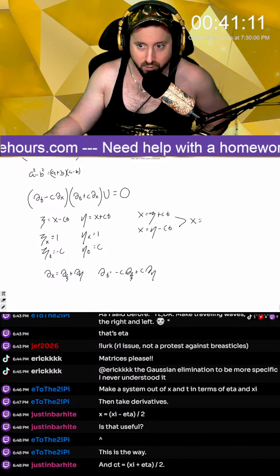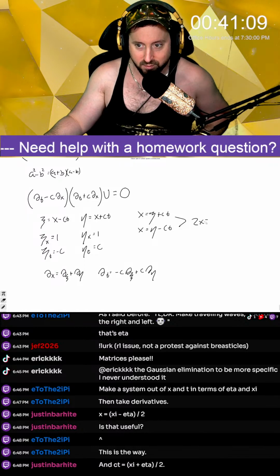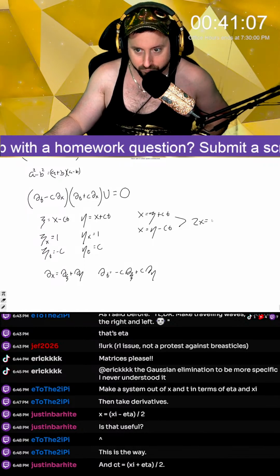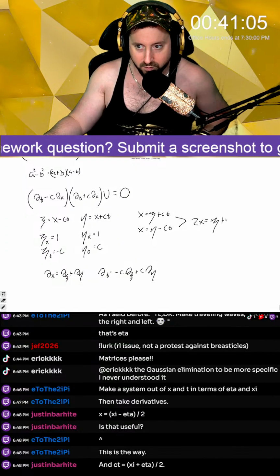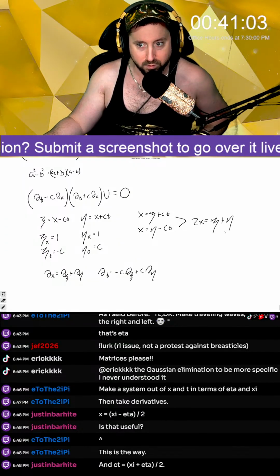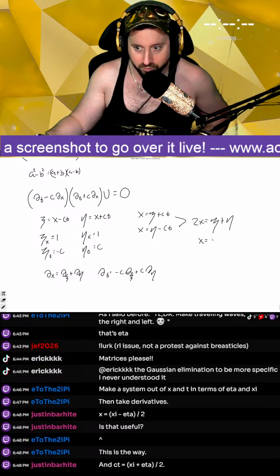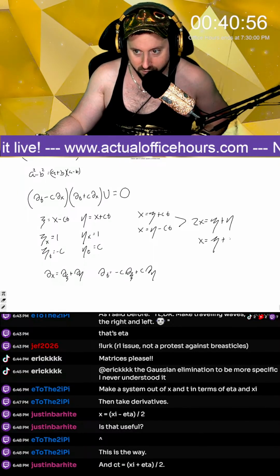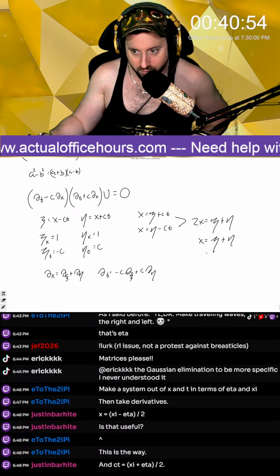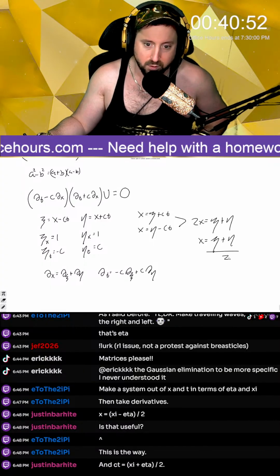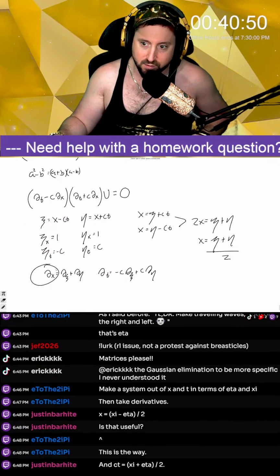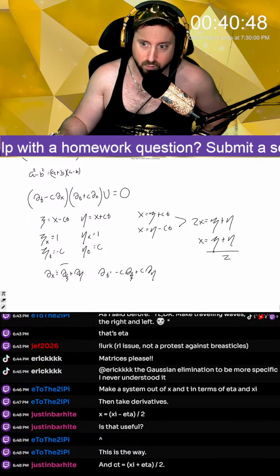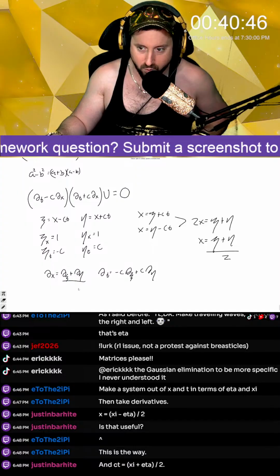So 2x is equal to eta plus nu. Right? Okay, so x is equal to eta plus nu, and then this is all over 2. So then partial x would equal... I think there should be a 1/2 here.